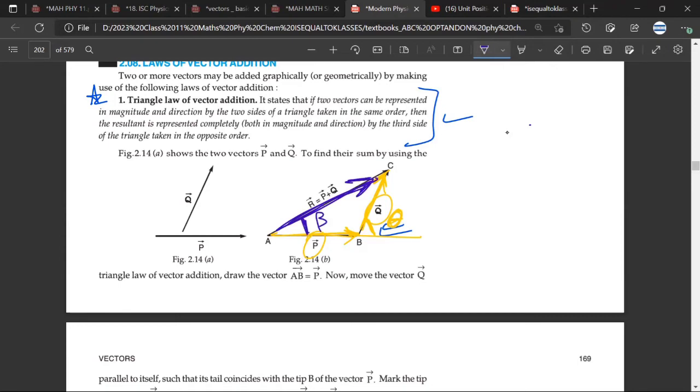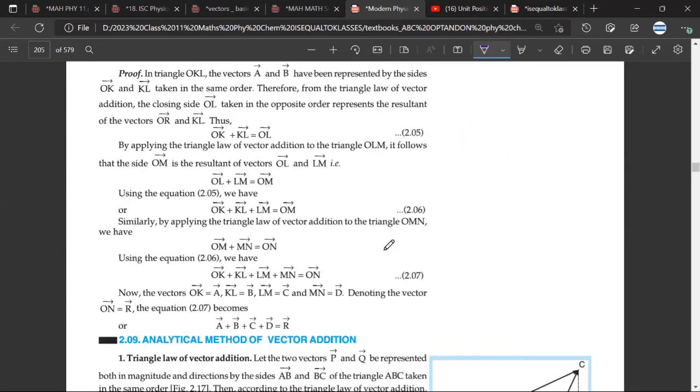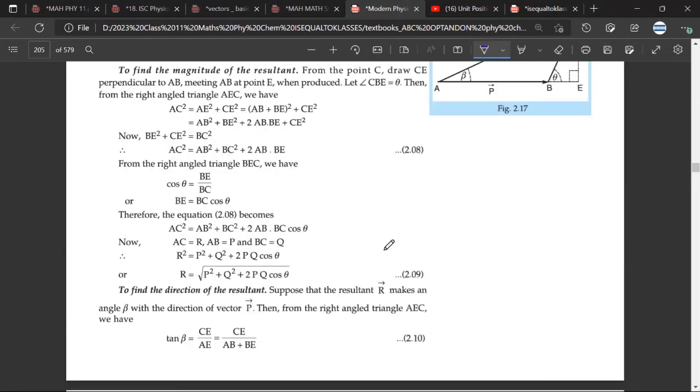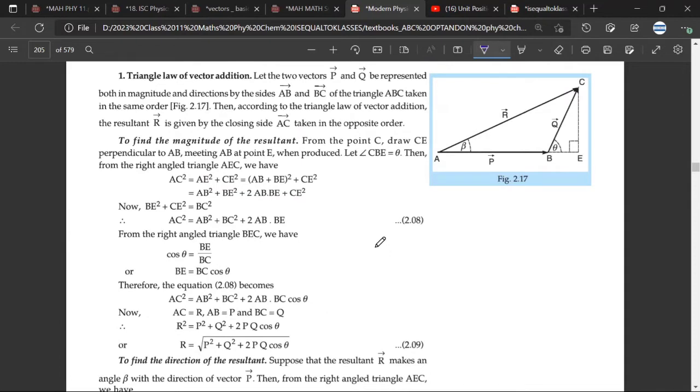The beta angle which is given in the formula is the angle of the resultant vector. This theta is the angle between the two vectors, this vector and this vector. Are we clear?